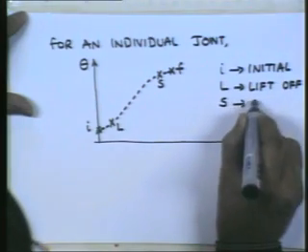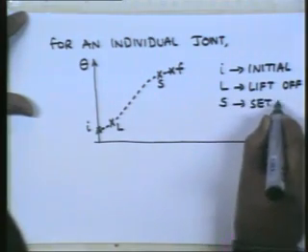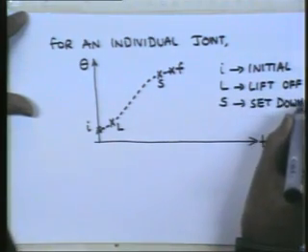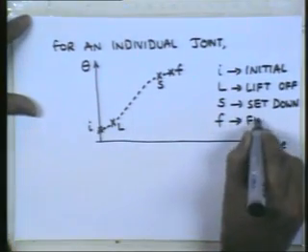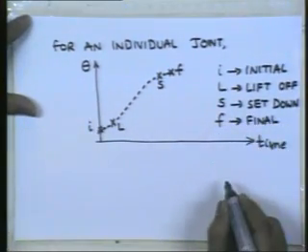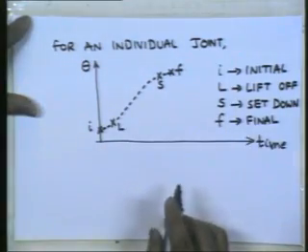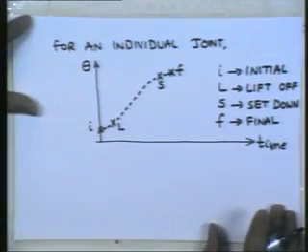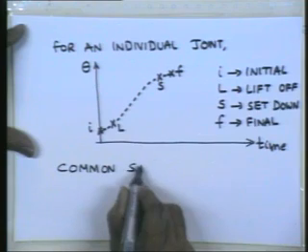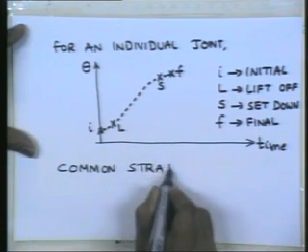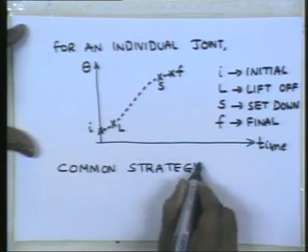S is a set down, and F is the final position. So, these are the 4 points. For such a type of trajectory planning, a method that is commonly done is to follow what is known as a 4-3-4 trajectory.